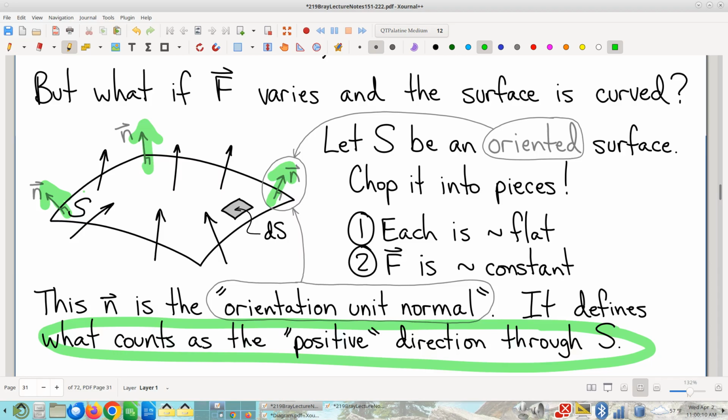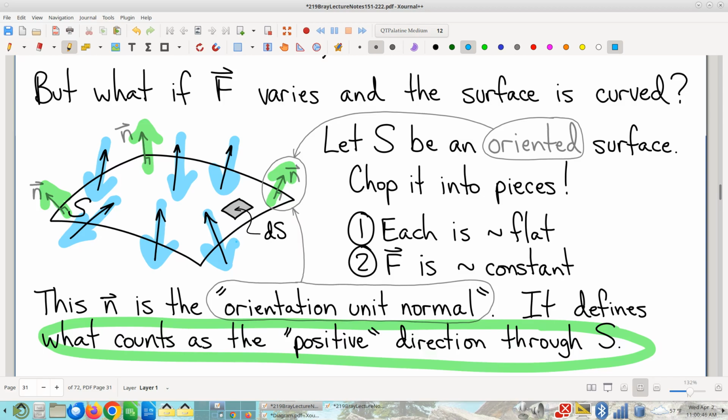If the fluid were like this, notice the fluid is going through the surface, and it is going the same direction that the normal vector is pointing. But if the fluid went the other way, that's a very different phenomenon. And I don't want to get the same answer, right? I want my formula to recognize that fluid flowing the opposite direction is a significantly different thing.